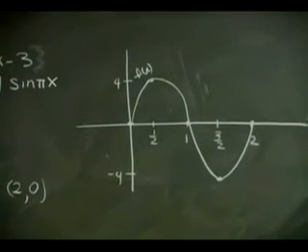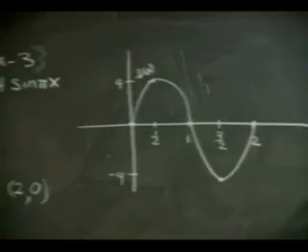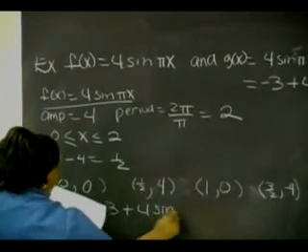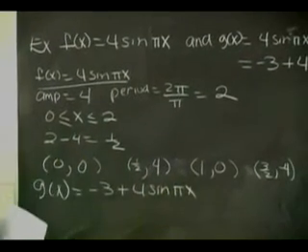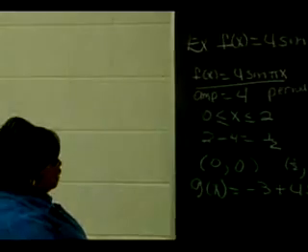Now, let's look at g of x. -3 plus 4 sine pi x. Now, my period is the same, is it not?